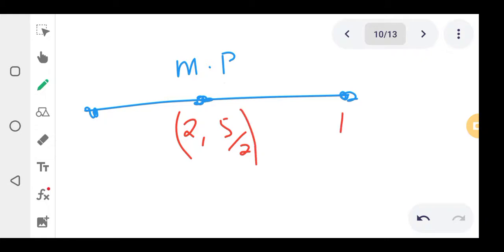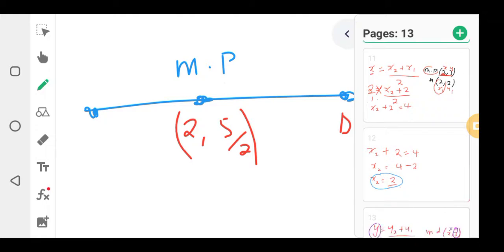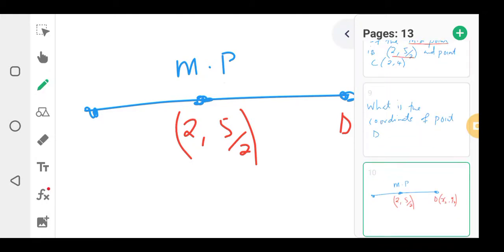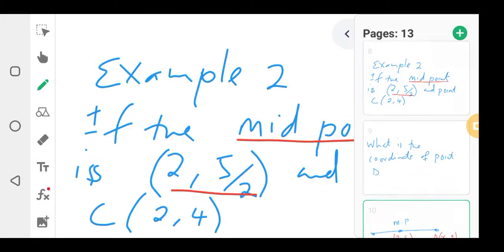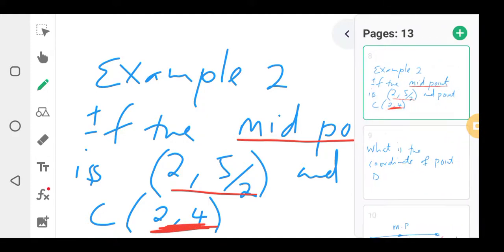And then we're looking for point D, whose coordinates we do not know, which is x2 comma y2. But the other one we know. According to the question, point C is 2 comma 4.